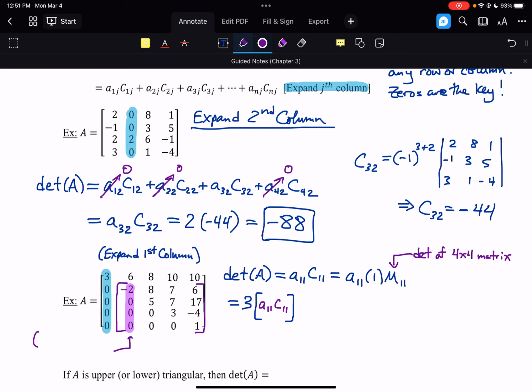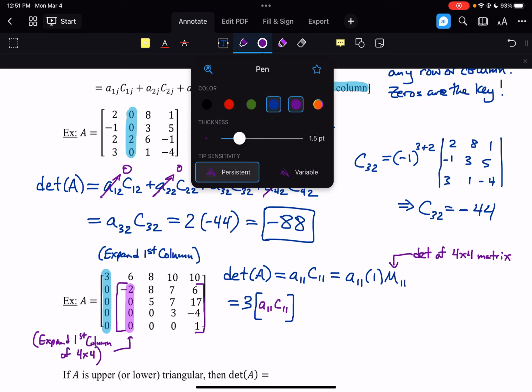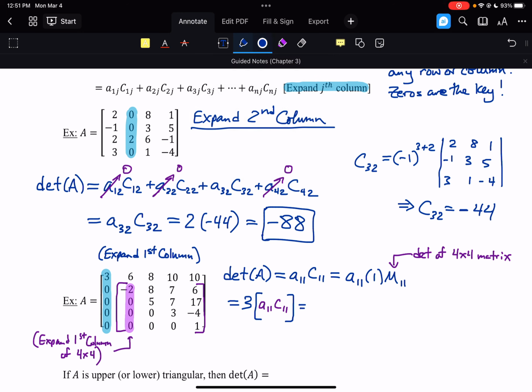So we'll expand the first column of the 4 by 4. The 3's still out there.